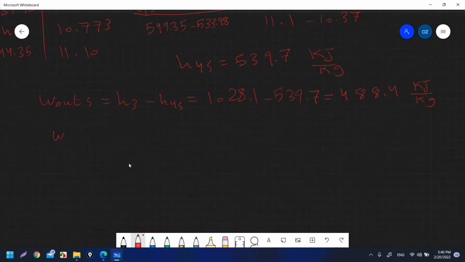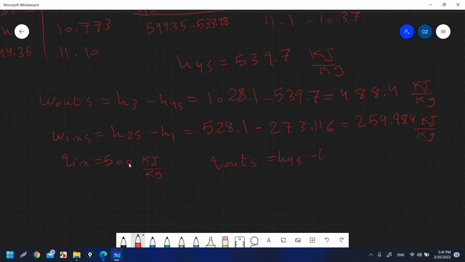W in S is equal to H2S minus H1 and equal to 528.1 minus 273.116, and this will give you 254.984 kilojoule per kilogram. And we know that Q in S is equal to 500 kilojoule per kilogram, and we wanted to find Q out S. Okay, so Q out S is H4S minus H1.